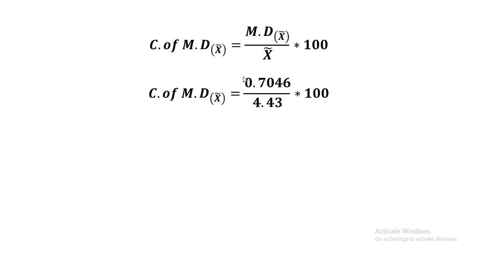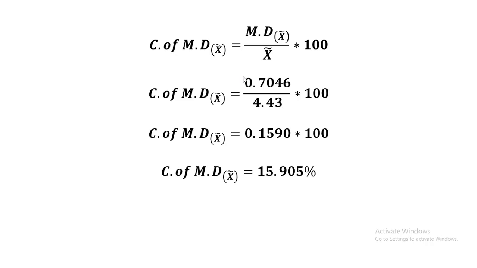So 0.7046 divided by 4.43 multiplied by 100 gives me 0.1590 multiplied by 100. My final answer, coefficient of mean deviation about median, is equal to 15.905%.